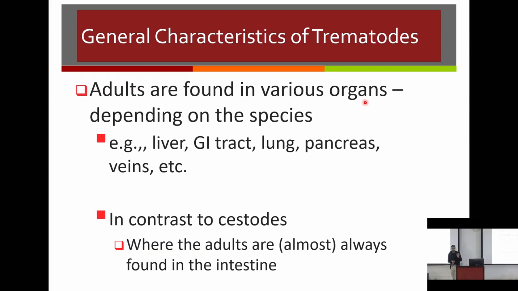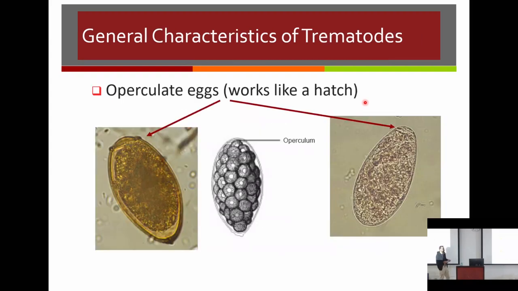In this case, adults are found in a number of different organs, but the most important are the liver flukes and the blood flukes in the veins, which we will cover. GI tract and lungs are also comparatively important.